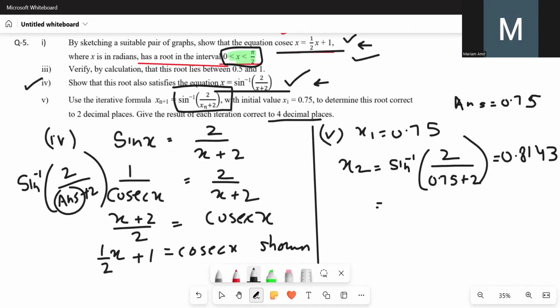For the next one, x3, you just press equals now, and that gives 0.7904. Next, equals again, 0.7991.